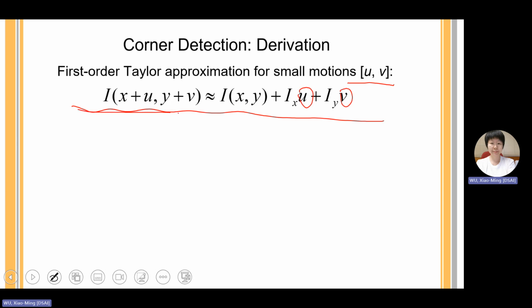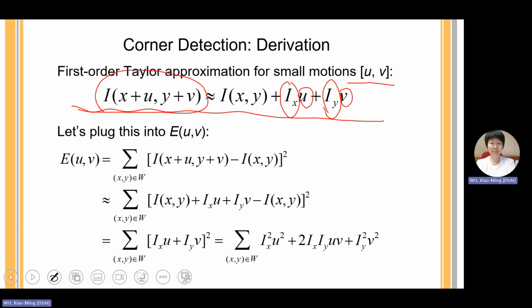Then we plug this in to represent this item, and very nicely, you can see these two terms cancel out. What's left are Ix and Iy.